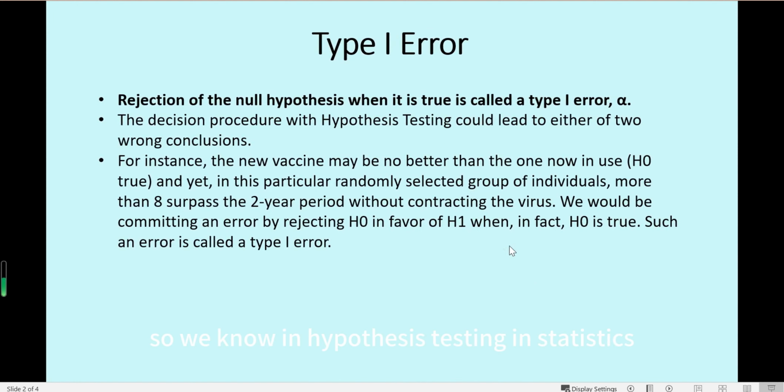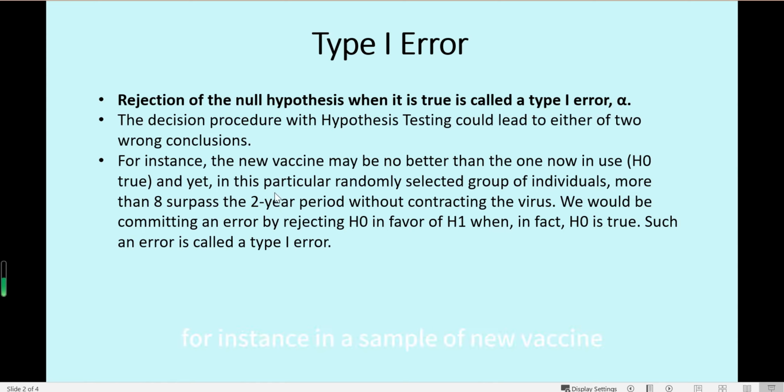So we know in hypothesis testing in statistics, you will commit a so-called type 1 error when rejecting the null hypothesis when actually it is true. So rejection of the null hypothesis H0 when it is true is called a type 1 error, or this is alpha.